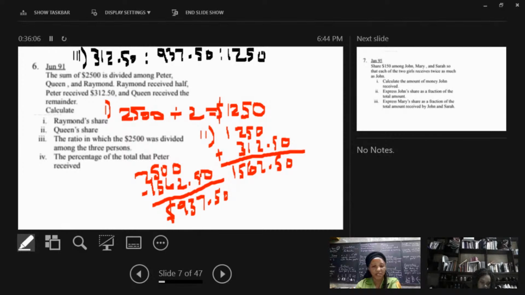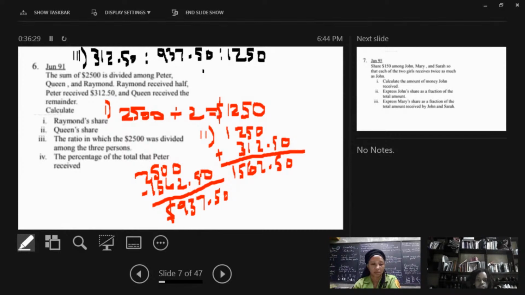All right. So we need to put this in the simplest form. Check if this number can go into these two. Okay, Miss. Divide them and see. Yes, Miss. So wait, let me check the last number first. Yes, Miss.